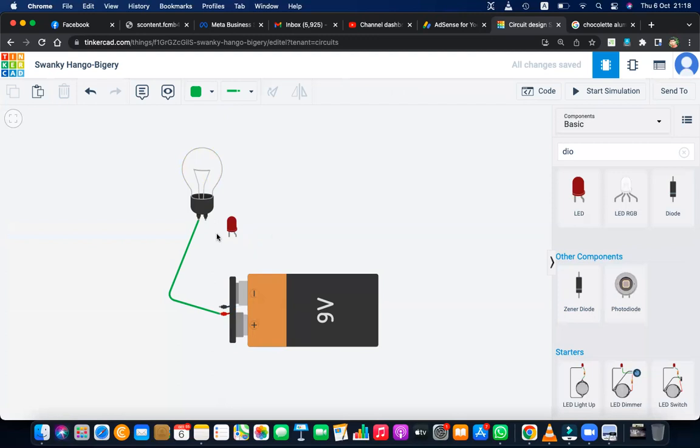Let's connect the other edges. I'm connecting cathode here and anode here. Let's start the simulation.